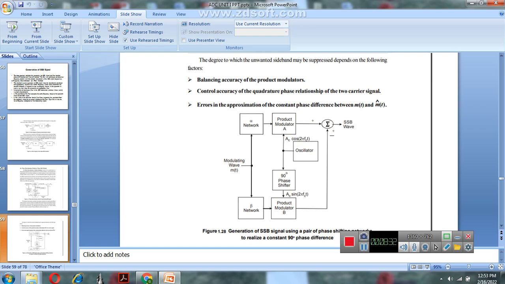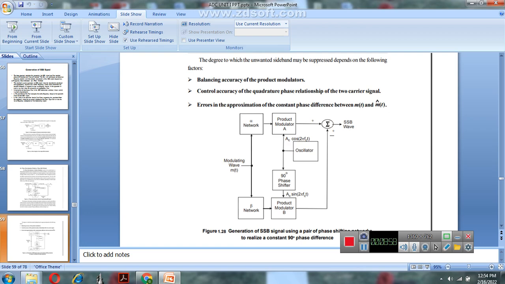Here is the generation of SSB signal using a pair of phase shift networks. This is the block diagram. It uses a pair of phase shifting networks to realize a constant 90-degree phase difference. Here we have product modulator A and product modulator B, each with two inputs.